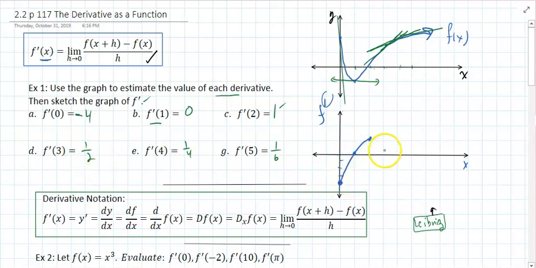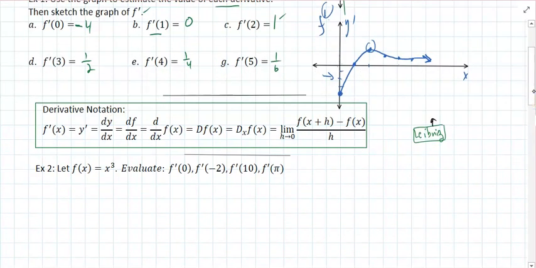At 3 we have it at a half. At 4 we have it at a fourth. That's how the graph looked. So, when the slope is negative, the graph is below the x-axis because that's just f prime. And when the slope is positive, the graph is above.